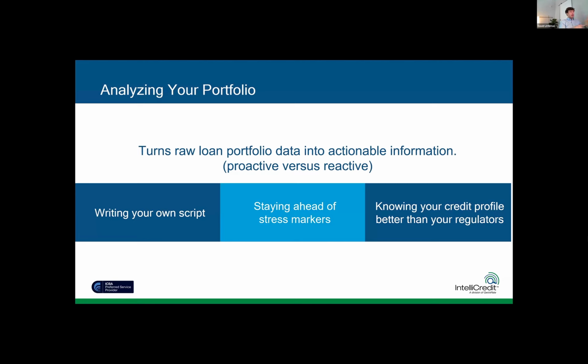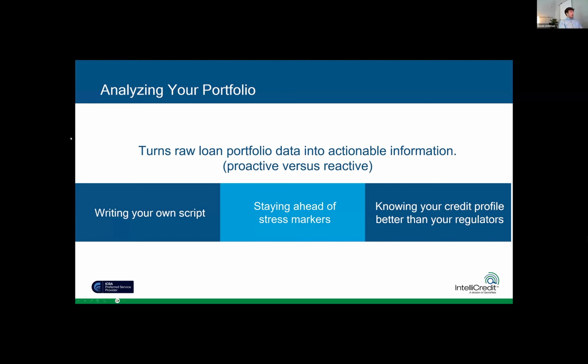And staying ahead of the stress markers means being able to drill down, being able to see as soon as something goes past due, or even before its risk rate has migrated, being able to see that ahead of time through the data, and of course knowing your credit profile better than your regulators.